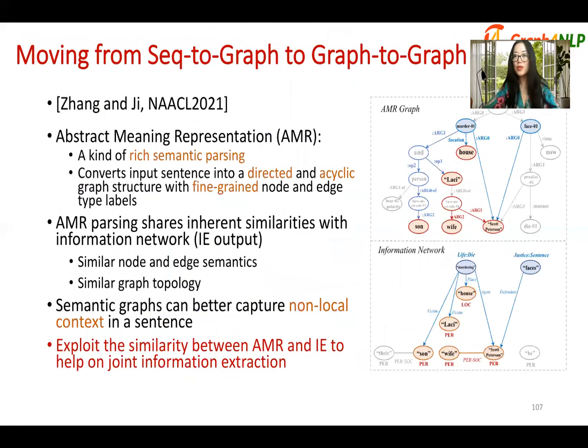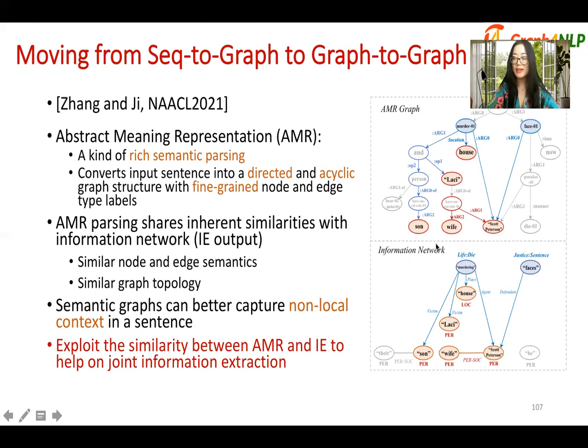And another very similar work from my group, also published at NAACL this year, is called graph encoding and graph decoding. So the only difference here is that we use an AMR parser that can capture more relation types compared with dependency parsing to encode the input sentence. And the interesting thing is, if you look at the AMR graph on the right side, they are very similar to an IE graph.